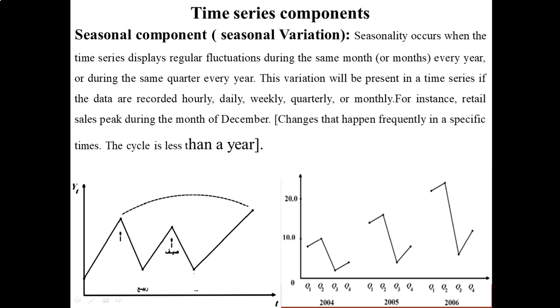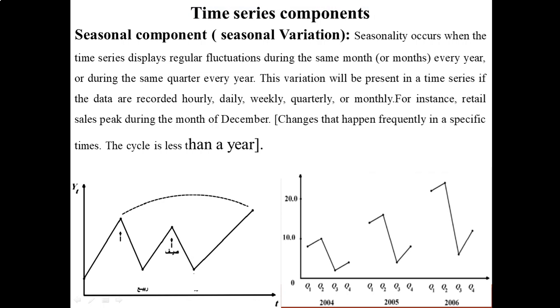When we take a look at these two graphs, we find that, for example, if we take the example of ice cream, the sales of ice cream will increase every summer, but in the winter it decreases during the one year. So the cycle here is less than a year.